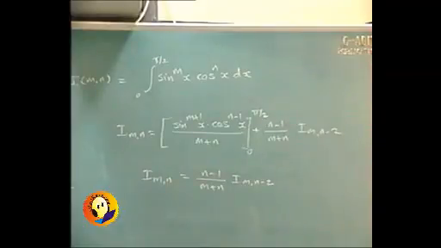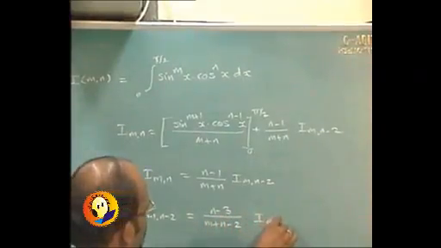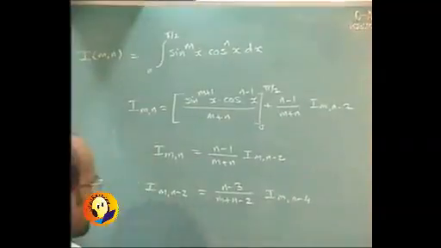This is a definite integral. Now using the same result, I can write I m comma n minus 2 as n minus 3 upon m plus n minus 2 I m comma n minus 4, and so on.